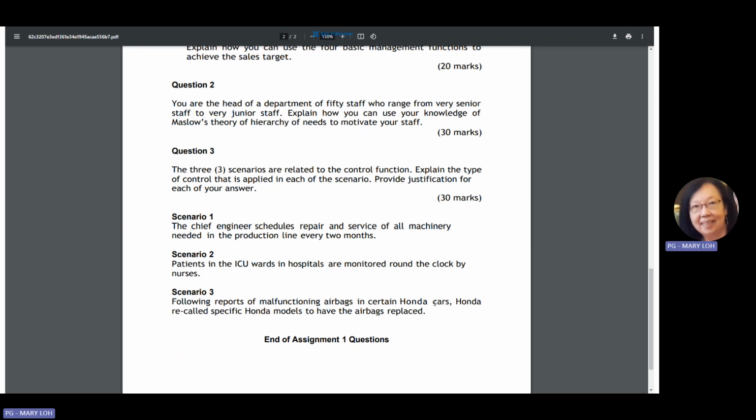The other case is whereby the airbag is deployed, the airbag actually comes out upon impact. But the problem is that the chute that holds the airbag at the steering wheel, for example, that part, upon impact, some parts of the chute, the metal parts, actually also came out and hurt the driver.